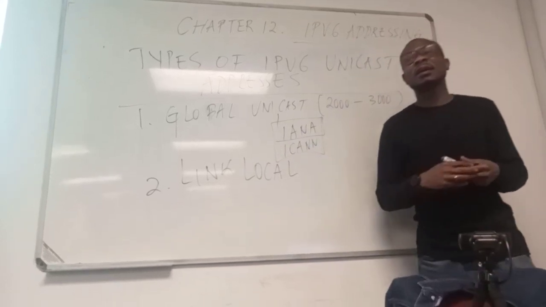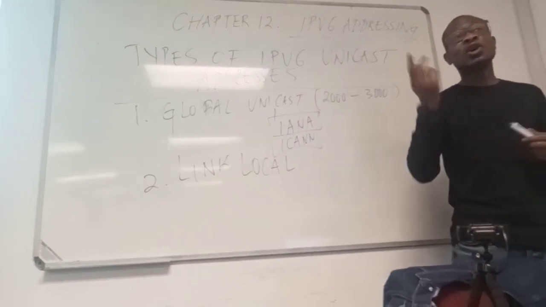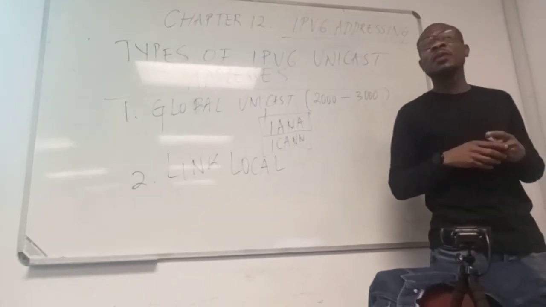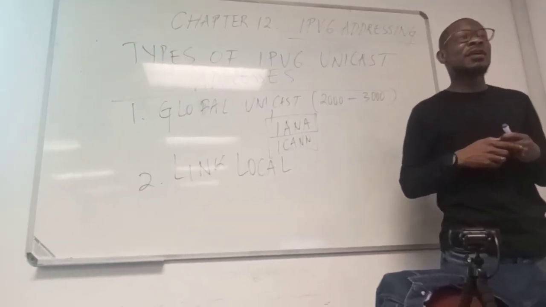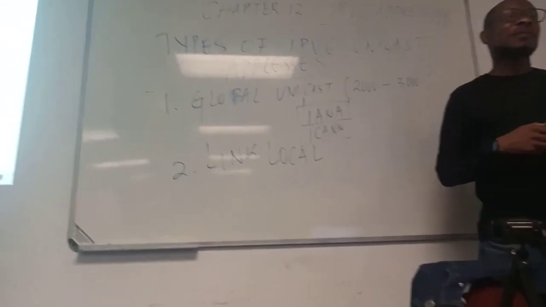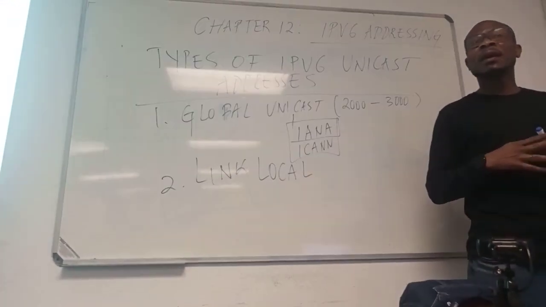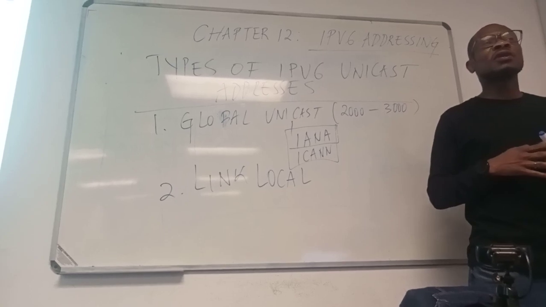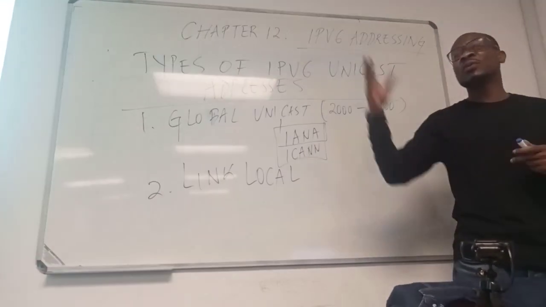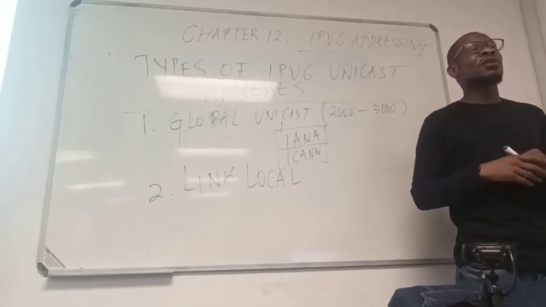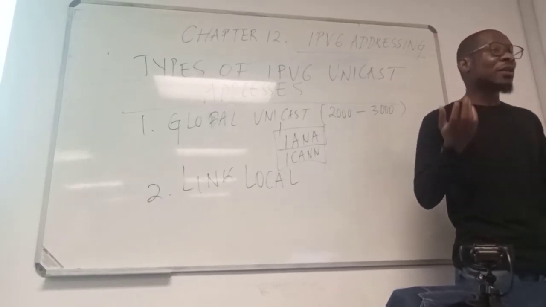Link local IP. I told you that even for IPv4, computers can get their own IPs, right? When your phone or your PC fails to get an IP address from the wireless access point, your device can get its own IP, right?